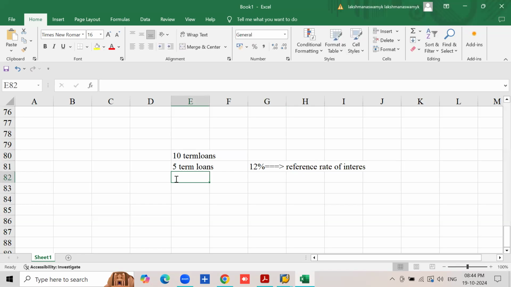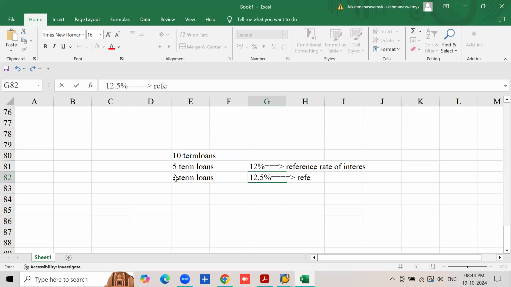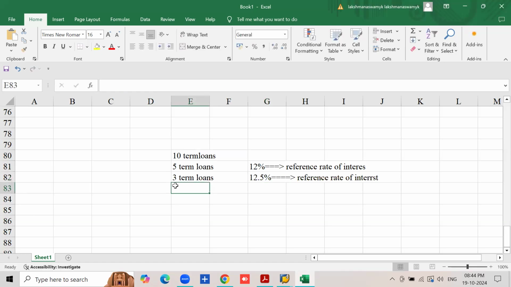Then on 3 term loans, we are paying 12.5%. So again, for this 12.5%, we define another reference rate of interest. Then again, on the remaining 2 term loans, we are paying 11.5%.